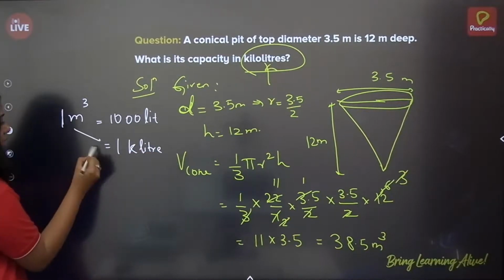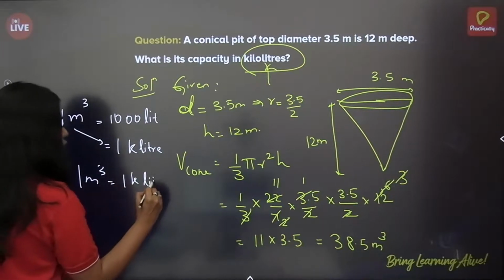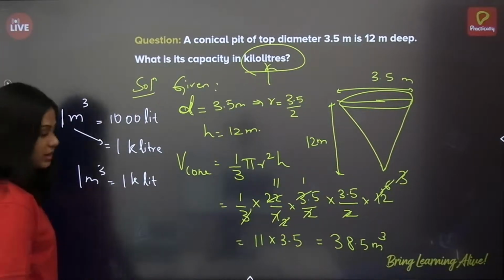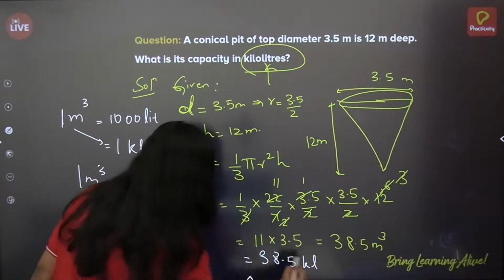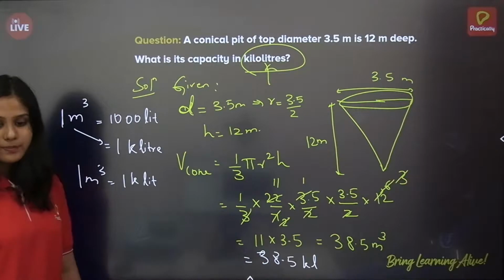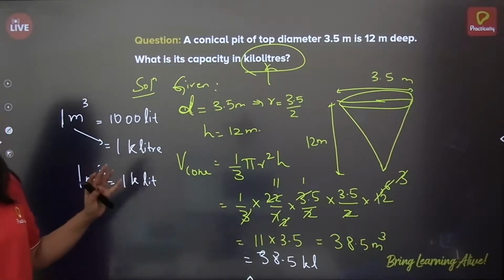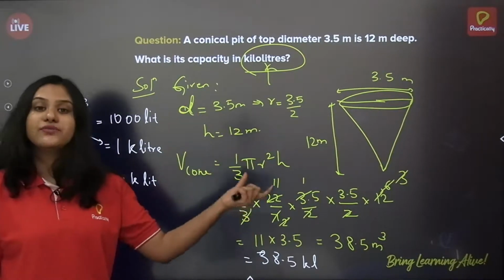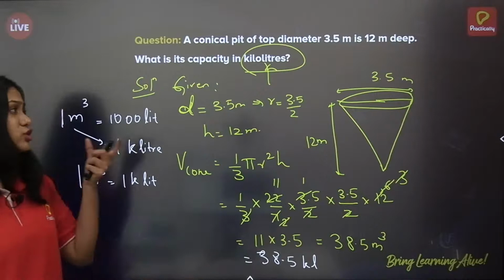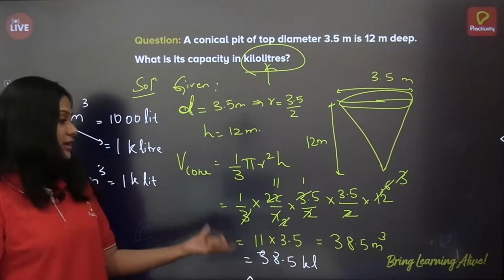So, 1 meter cube is equal to 1 kiloliter. So, no need to do any conversion here. It will be 38.5 kiloliters. Okay. So, this is it about the problem. Make sure what is asked in the question, if it is kiloliters, liters, meter cube, or centimeter cube, whatever it is, do the conversion and get the answer.